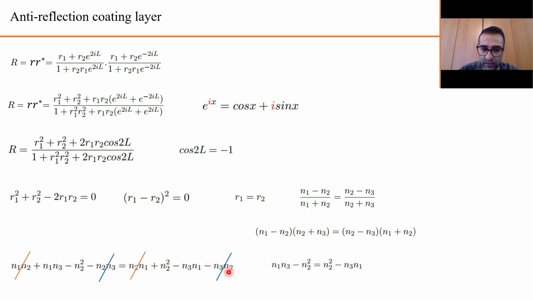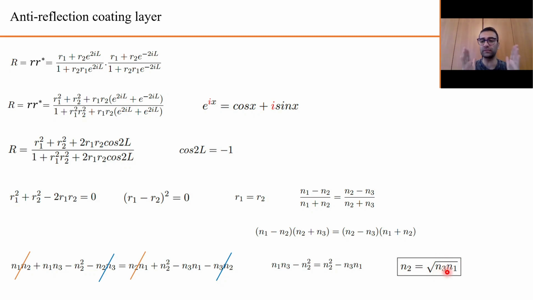and what is left is this, and you can easily see that we will have n2 squared here minus n2 squared here, therefore it will be 2 n2 squared, and by bringing this term to the left hand side we will have 2 n1 n3. Finally we can easily see that n2 should be the square root of n3 times n1.